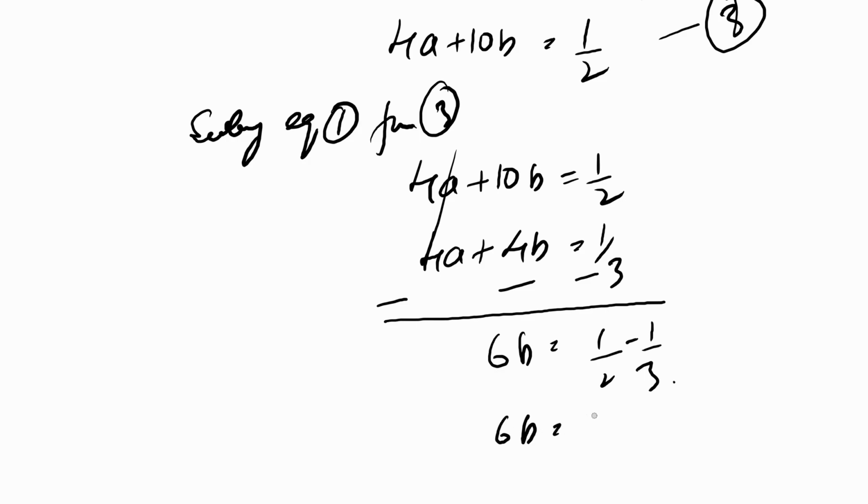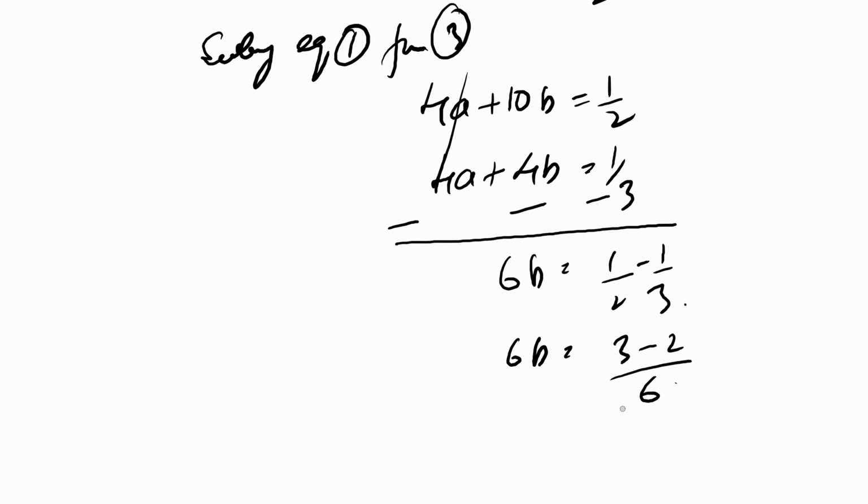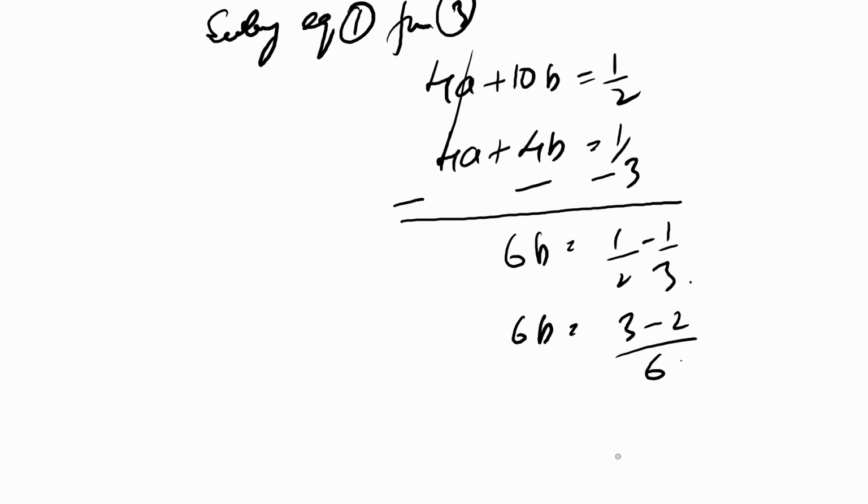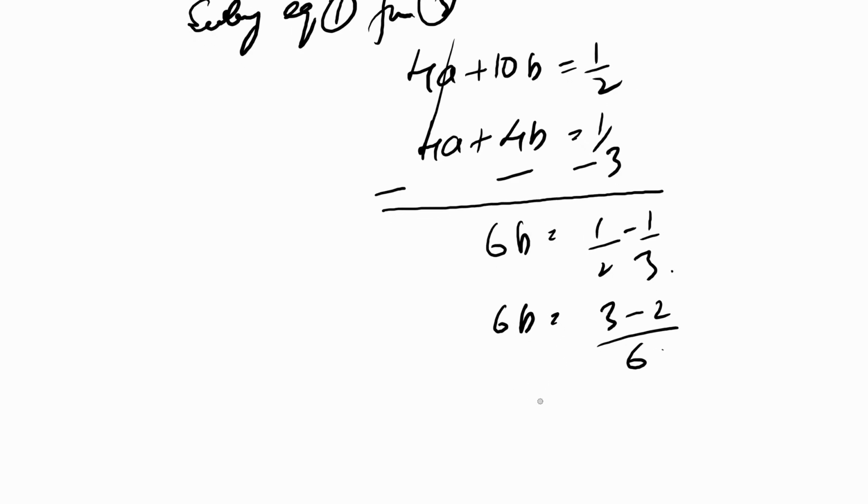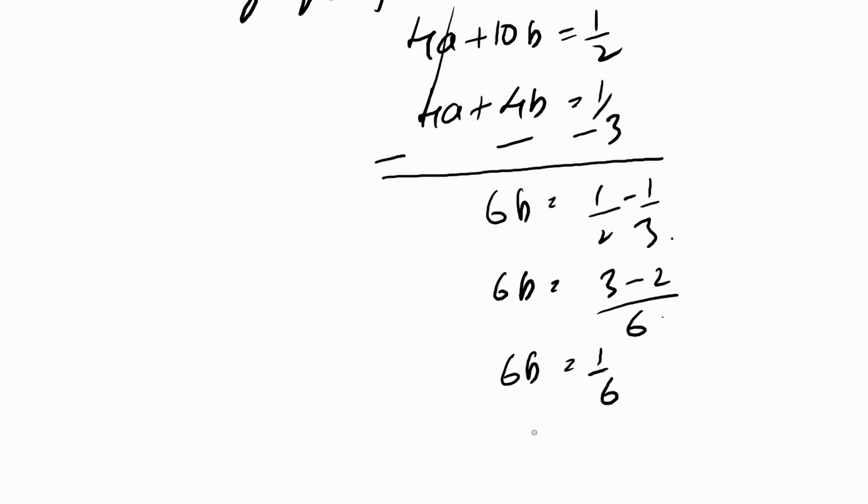So 6B is equal to (3 minus 2) upon 6. Okay, so this will become 6B is equal to 1 by 6, B is equal to 1 by 36.